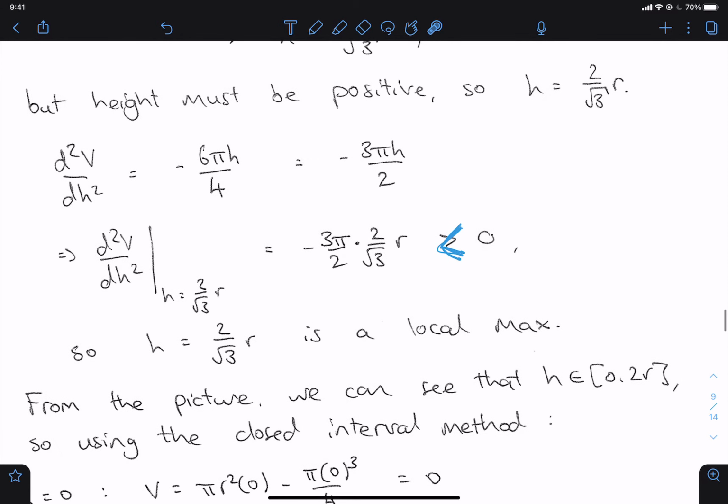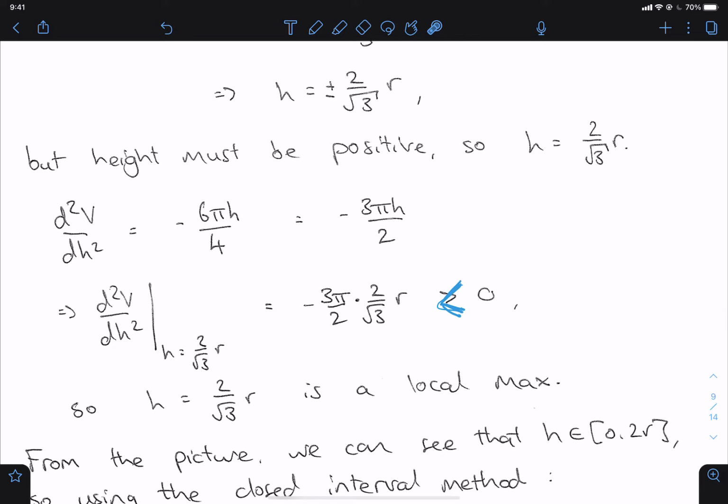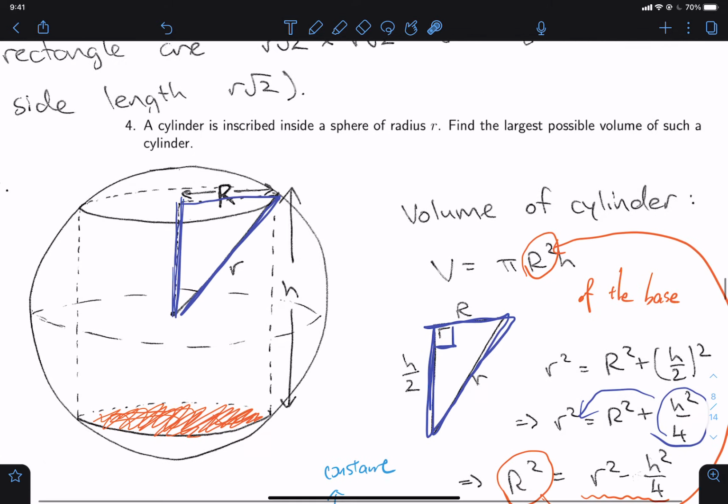of h, right? So h can be as small as 0. That's when the cylinder is entirely flat. So the height is equal to 0. That is easy to imagine. But what is the greatest possible value of h? We go back to this cylinder here, right? When you make the cylinder very, very skinny, it could be like that.